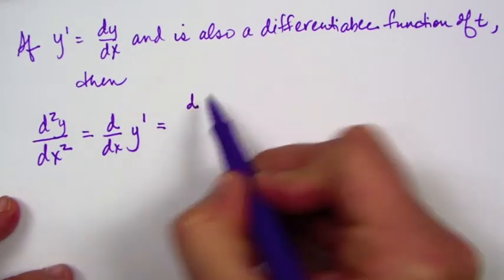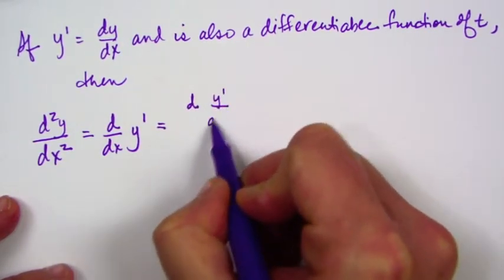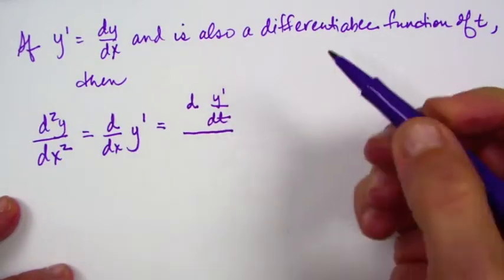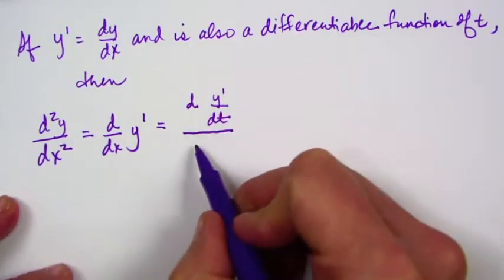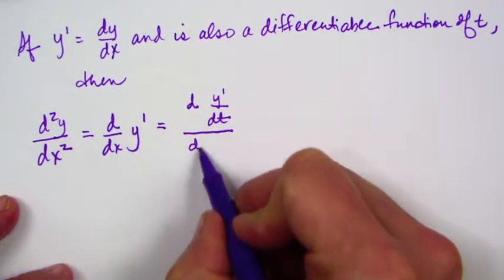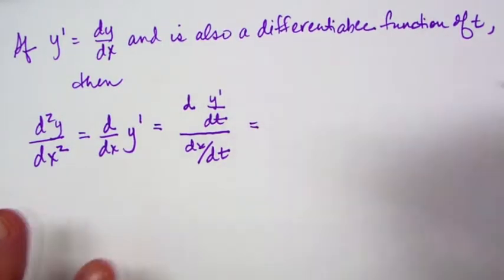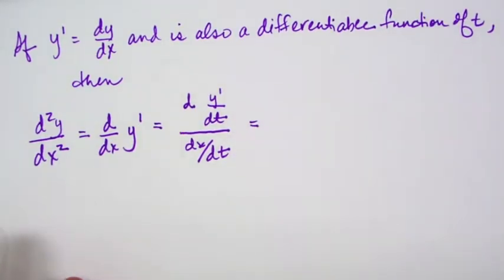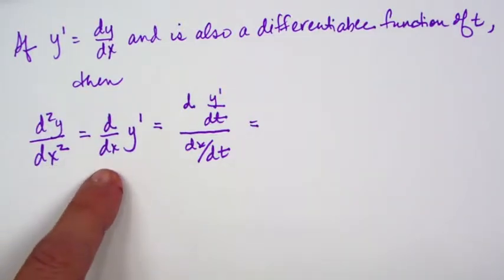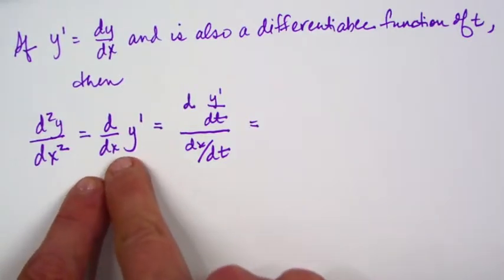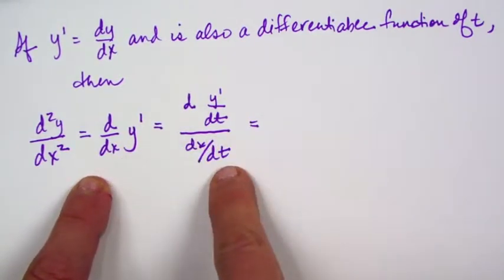So what it really is, is the derivative of y prime with respect to t over dx/dt.